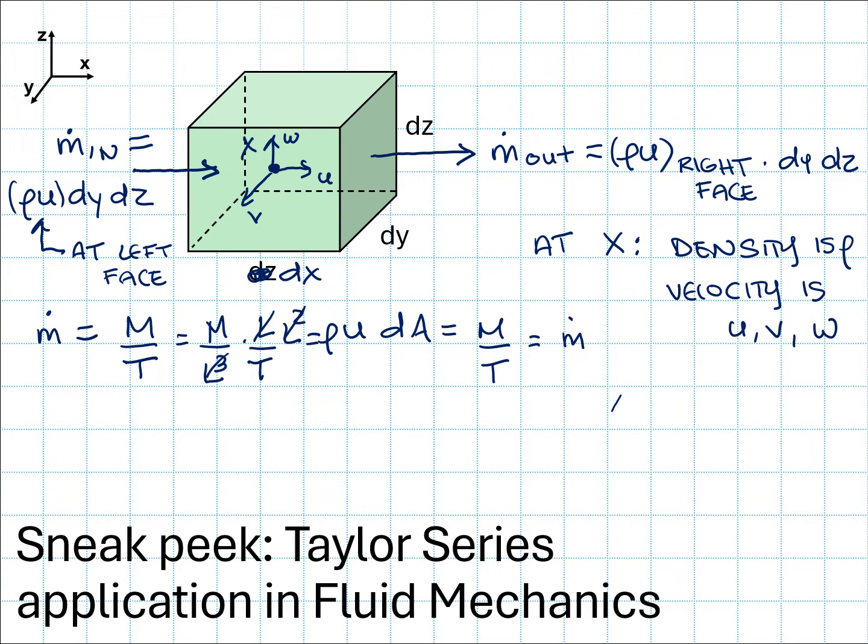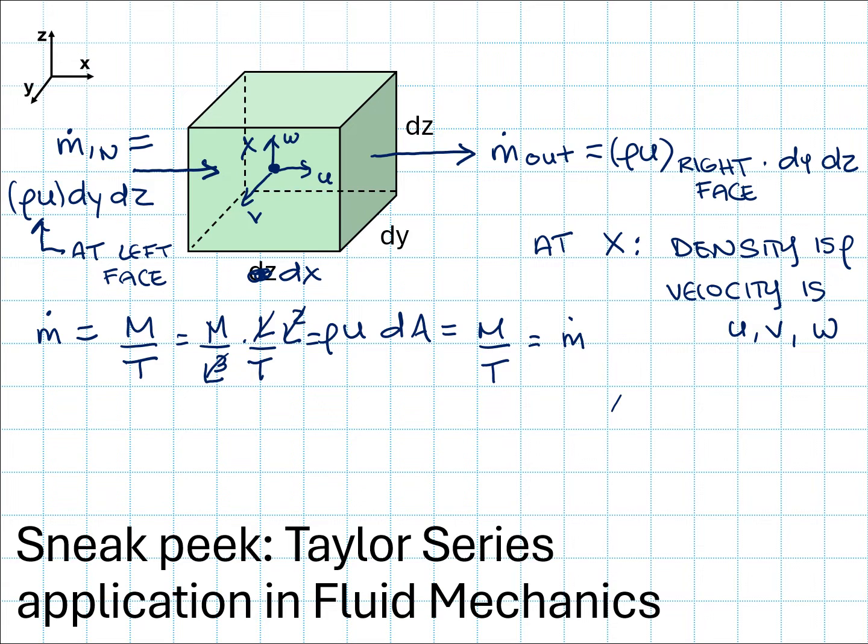Now the trouble is that I may know the value of density and velocity here at the center of the cube, but if I move just over a little bit from that center over to the right-hand face, now I don't really know exactly what the density and the velocity is. I haven't gone far, right?